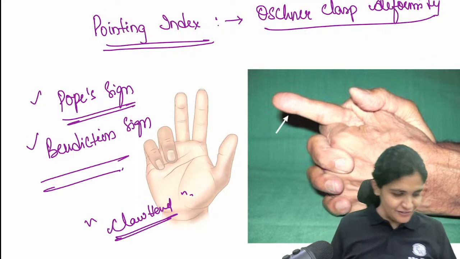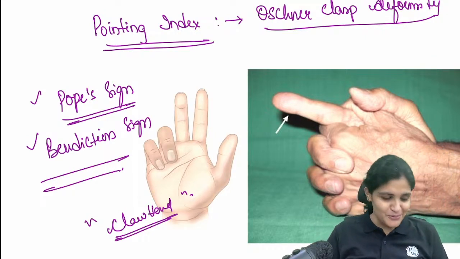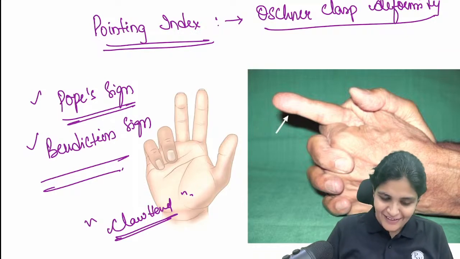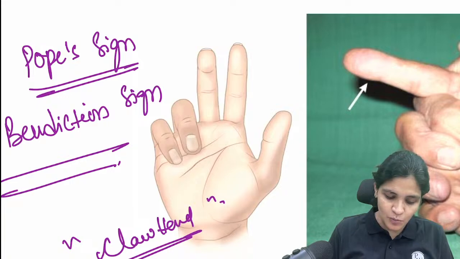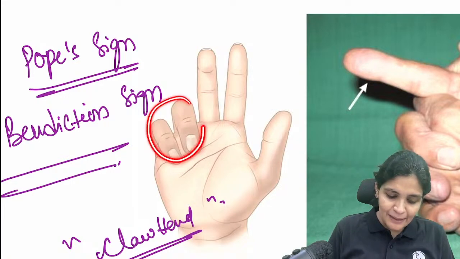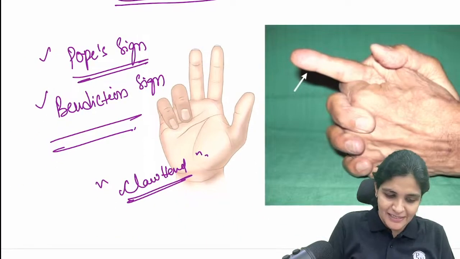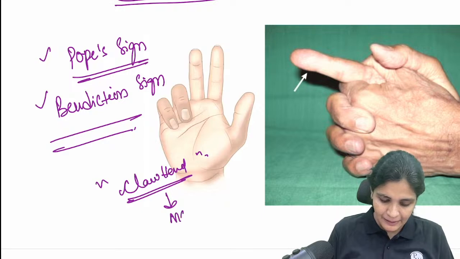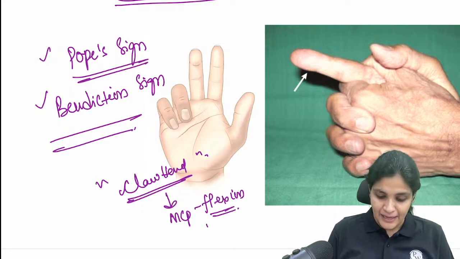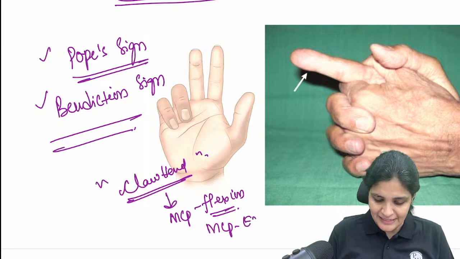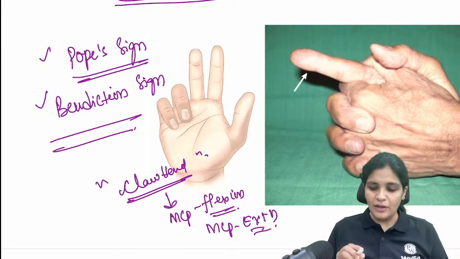What is your answer for this? So that is why basics are very, very important. In this, what is happening? There is complete flexion, right? MCP is completely flexing here. But what is claw hand? MCP is in extension.